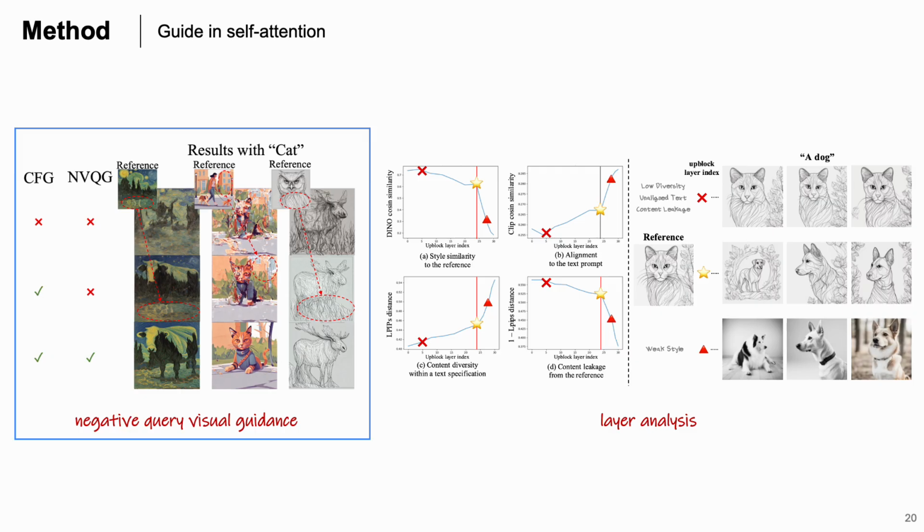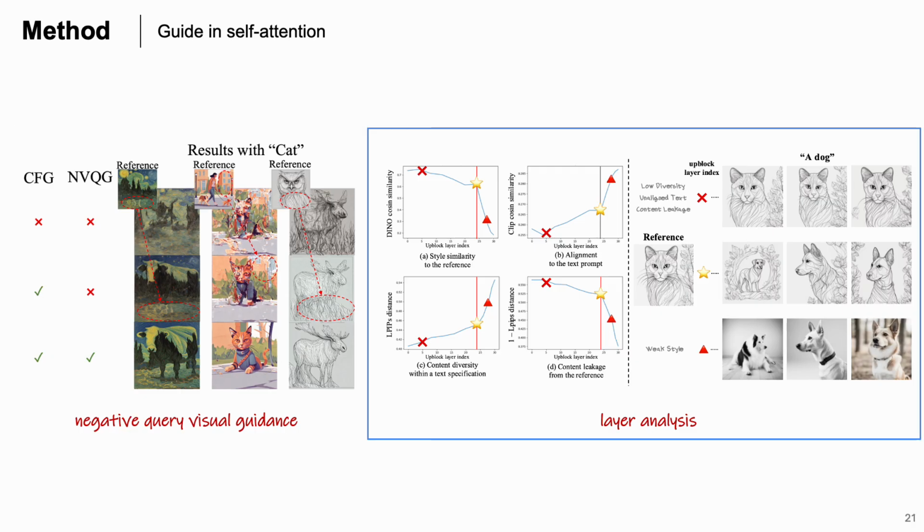The third row shows that NVQG makes the generated images better aligned with the text prompt, while reflecting the desired style from the reference image. On the right, we analyze how swapping at different self-attention layers impacts the output. Through the analysis, we found the optimal layers, the yellow star in the figure, where StyleKeeper shows the best balance between style and content in the generated output.